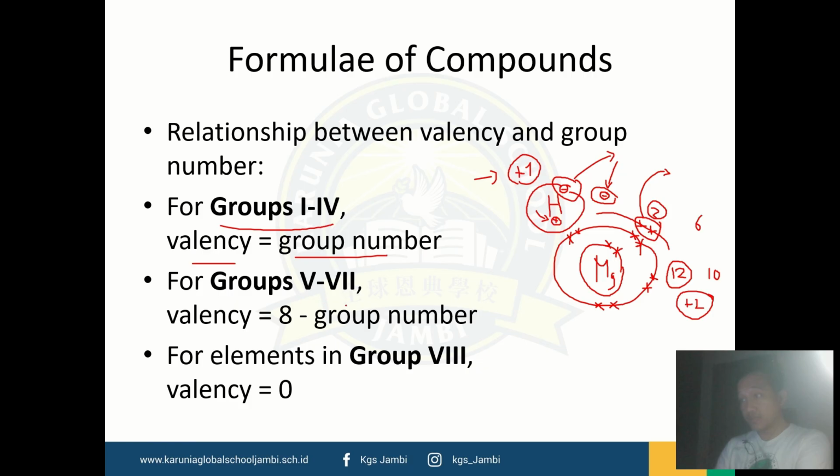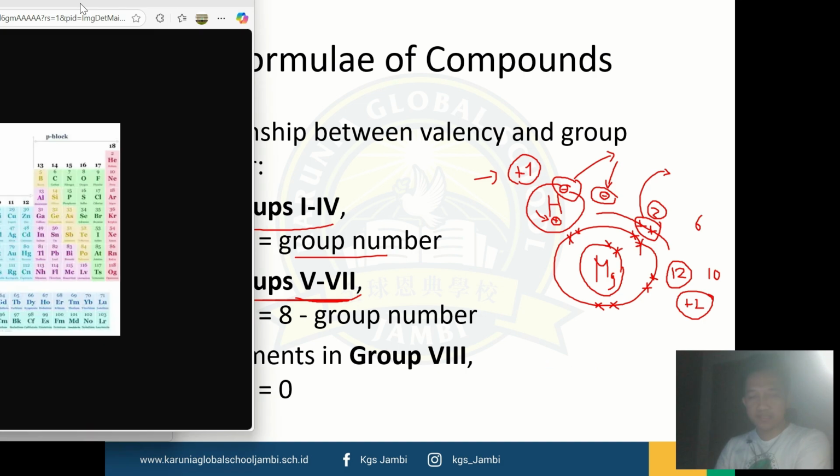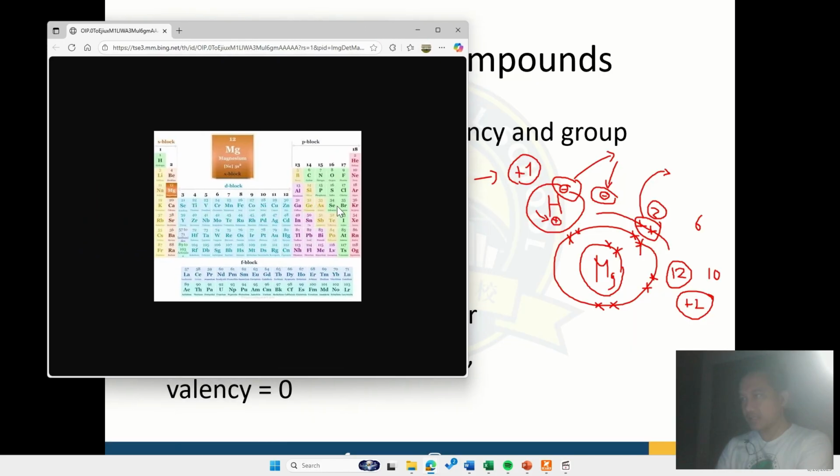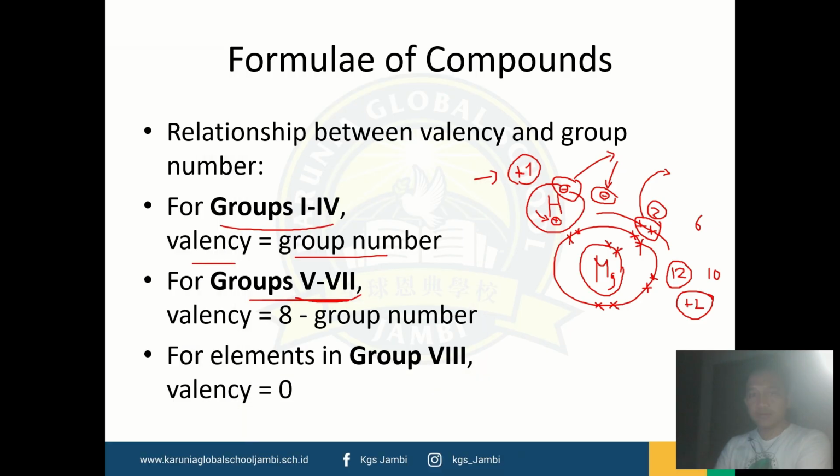For group 5 until group 7, the situation is like this. Let's see an example, guys, for fluorine or Cl. Example F. The atomic number of F is 9. So in the first shell, it has 2 electrons, and then in the second shell, it has 7 electrons.